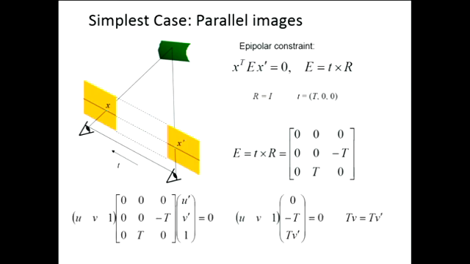If I multiply that matrix by u', v', 1, I get out that v is equal to v', which just means that every corresponding point will be on the same row as its match. The y-coordinates of corresponding points are the same.